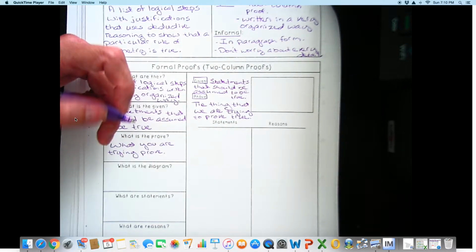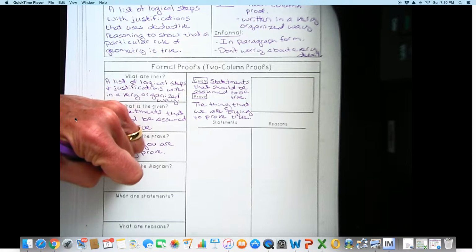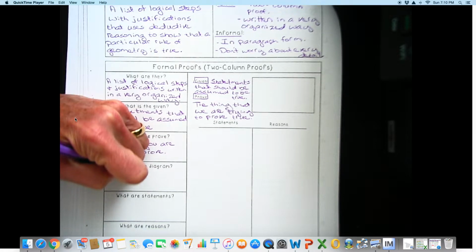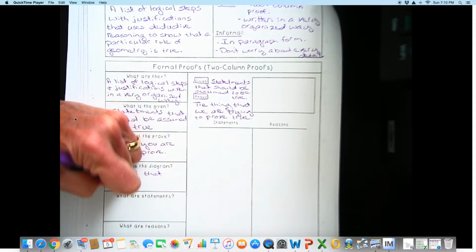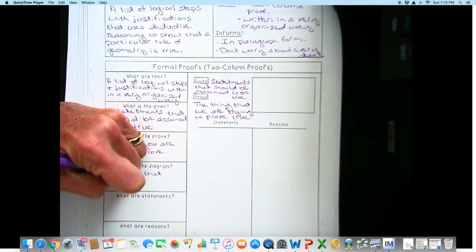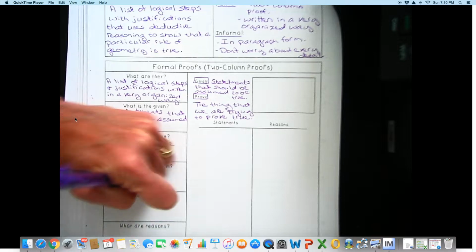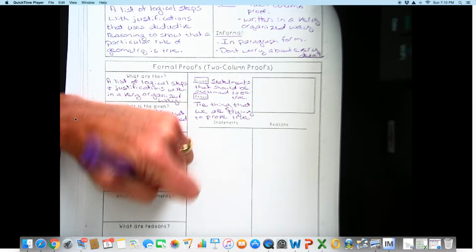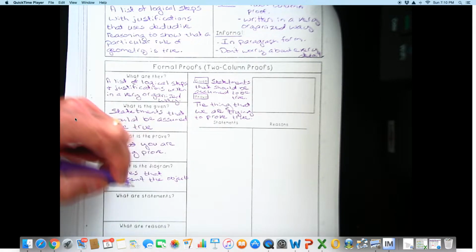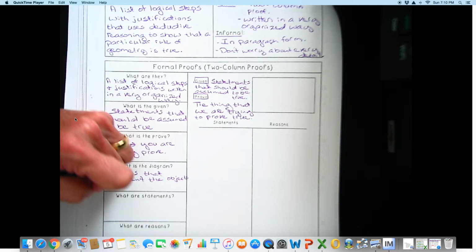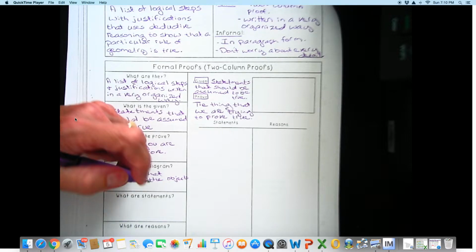So a diagram is figures that represent the objects the given and prove are referring to.